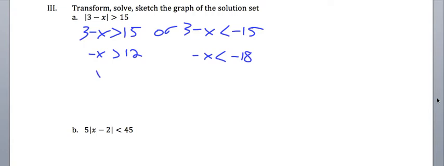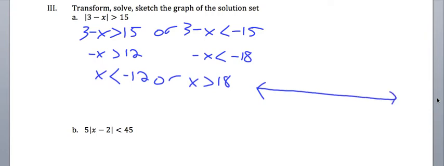So now I got to divide by negative 1, and I get x is less than negative 12, or x is greater than 18. So what that basically means is x is going to be everything but the values that are in between negative 12 and 18. Okay, so if I make a number line of that, I put open circles on negative 12 and 18, and I shade to the outside.